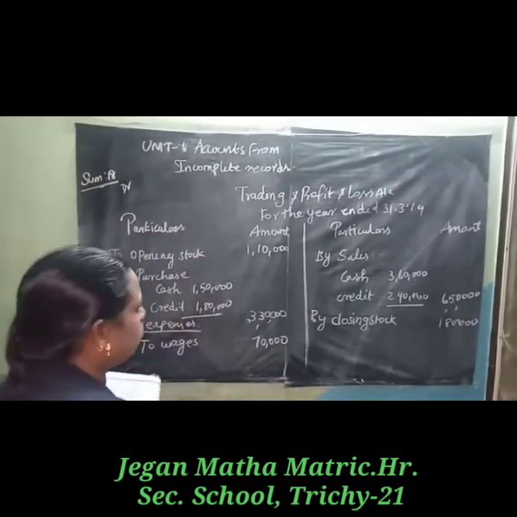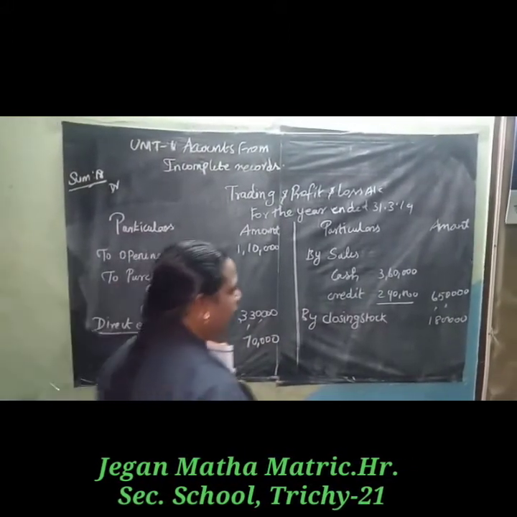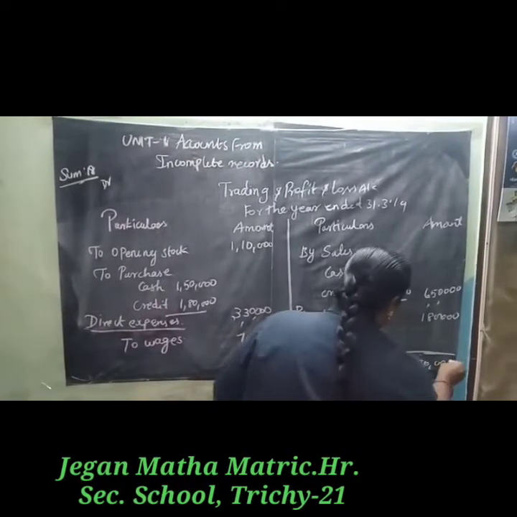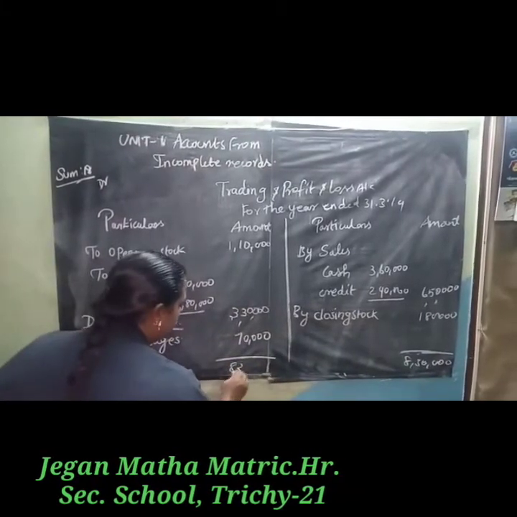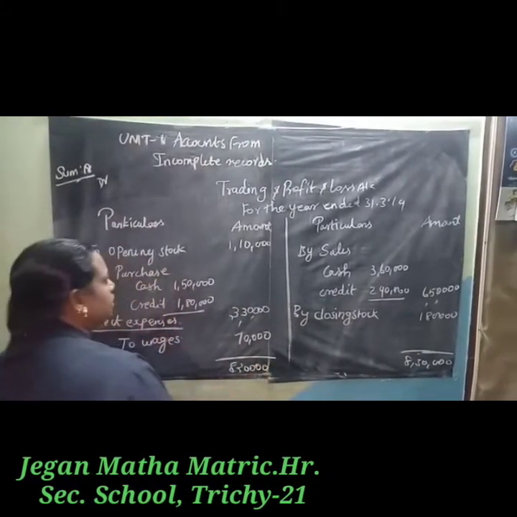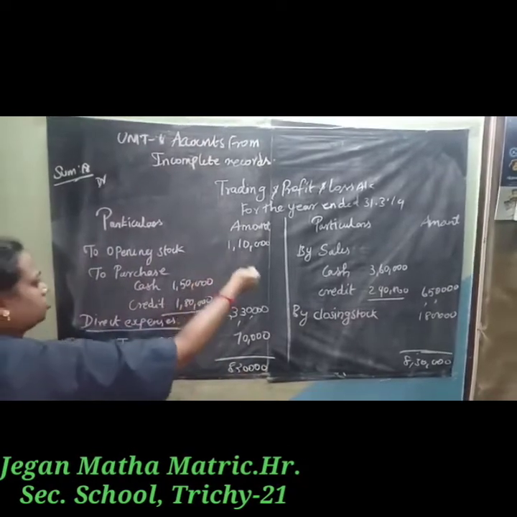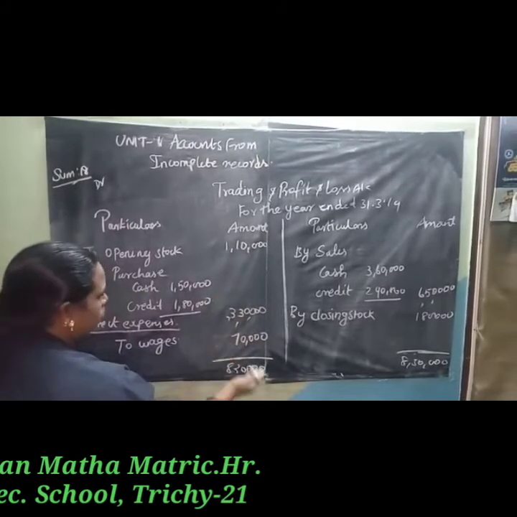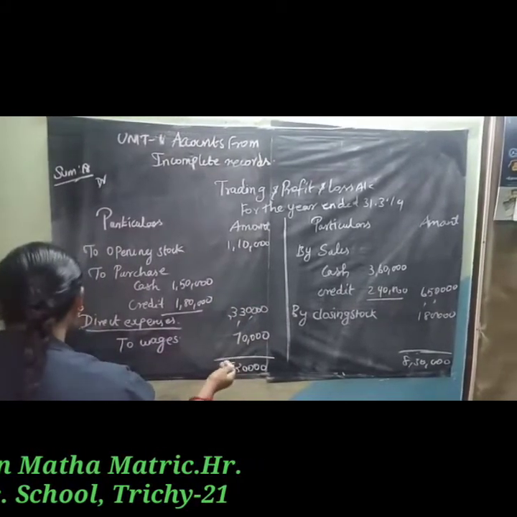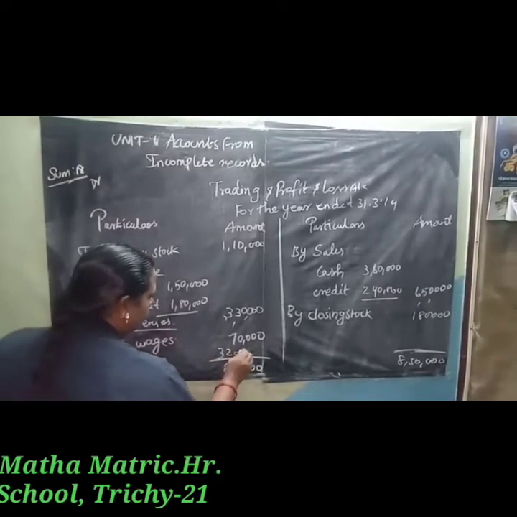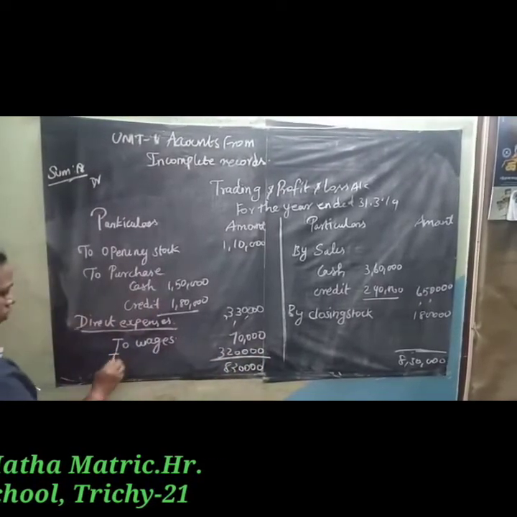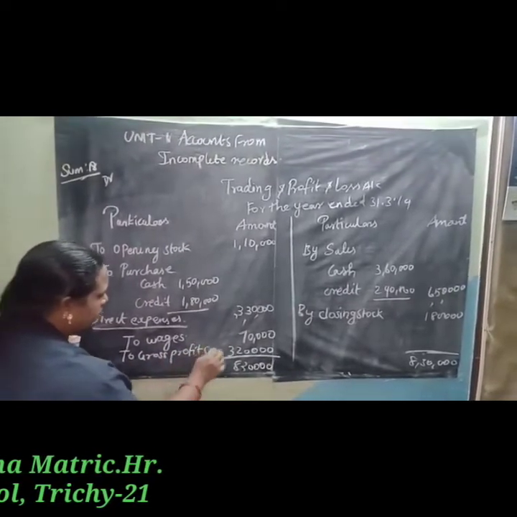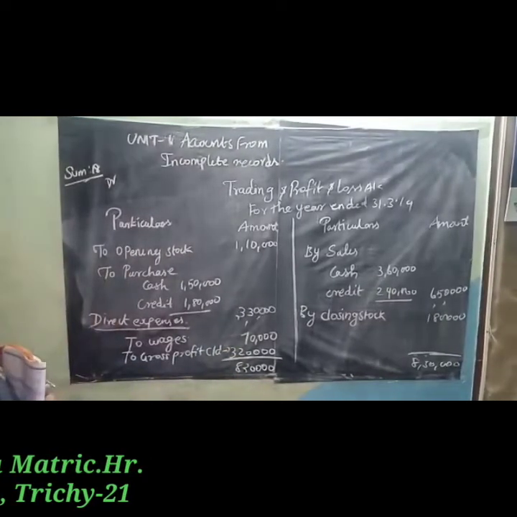Which side is more? The credit side is more, 8,30,000. So 8,30,000 minus the debit side, 1,10,000 plus 3,30,000 plus 70,000. The answer is gross profit 3,20,000, to gross profit c/d 3,20,000.